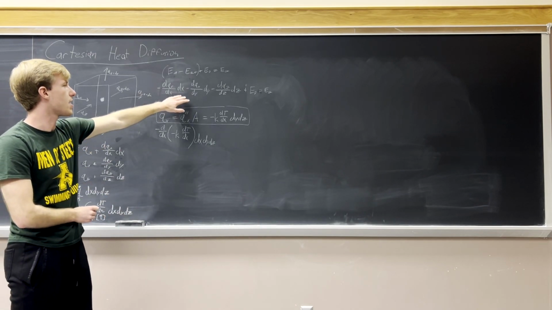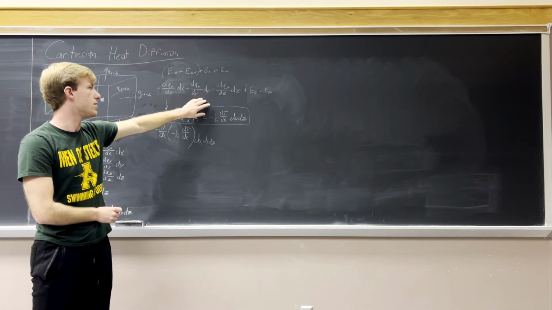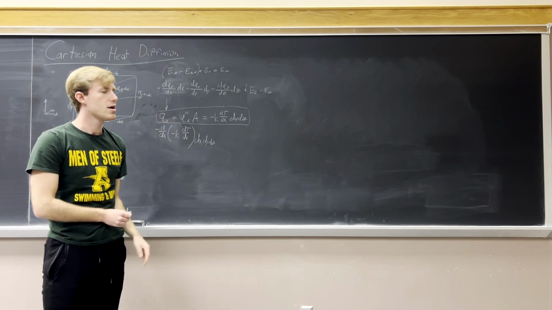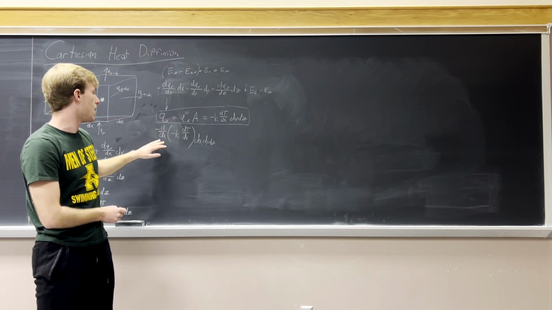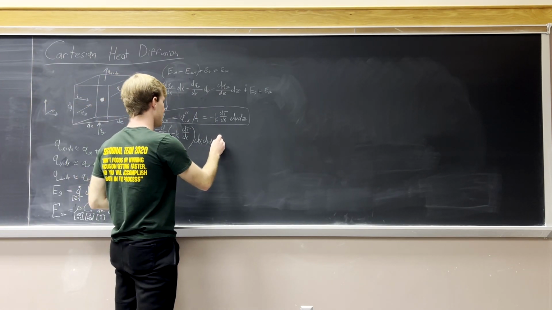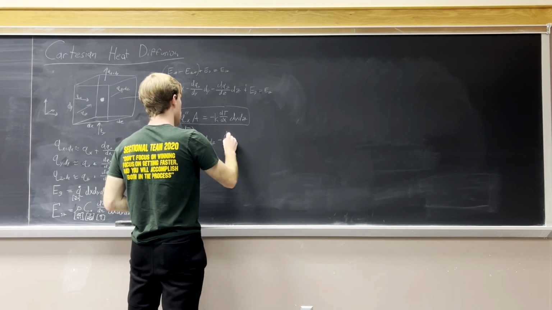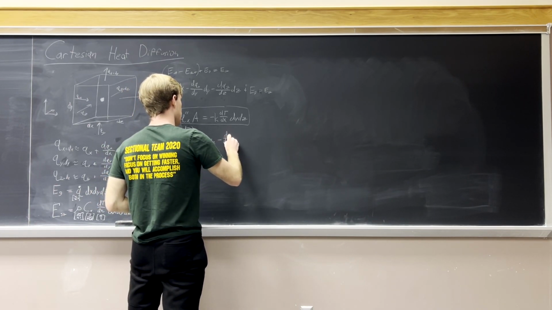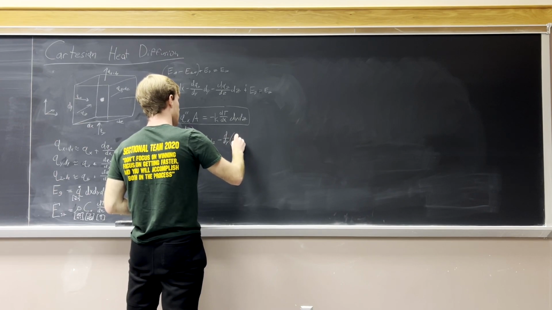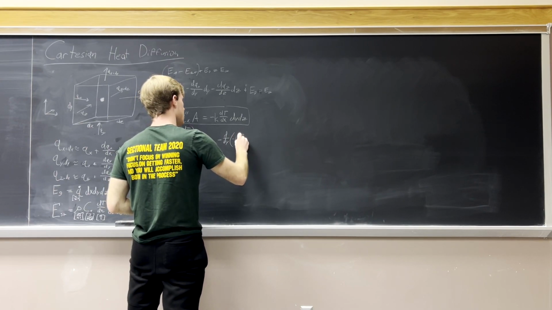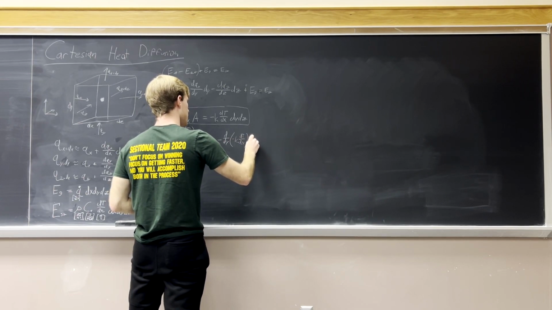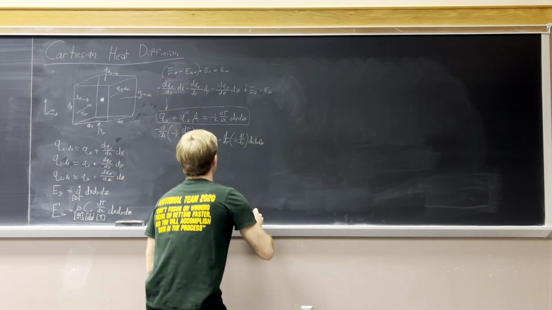So if we do the same thing for each of these as well, for qy and qz, the exact same thing will happen, except we will have different derivatives on the outside. So we'll have d over dy of negative k dt over dy multiplied by dx dy dz.